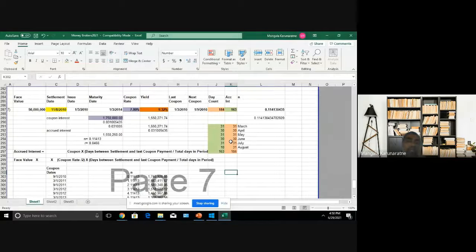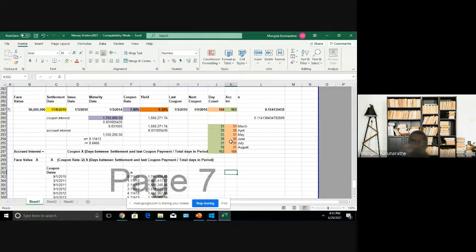Now for the calculation of N, you will be receiving your next coupon in 21 days after the settlement. So that means you have to bring this coupon from future to present, 21 days. This 21 days is a very important thing, because every coupon will come the full periods plus 21 days.